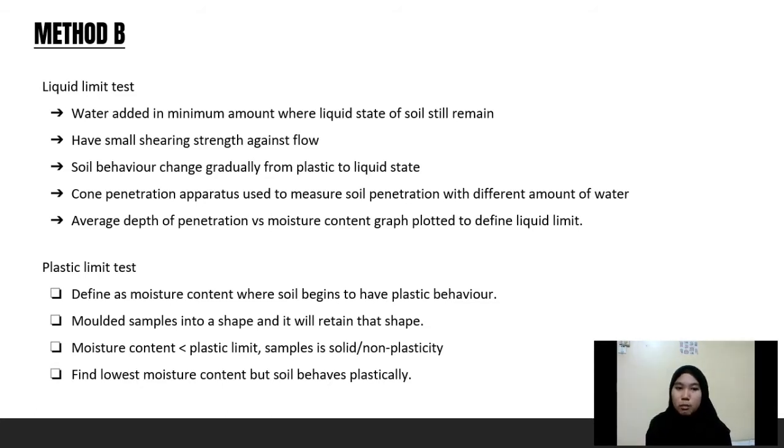We mold simple samples into a shape and it will retain that shape. For a sample to be called solid or non-plastic, the moisture content must be lower than the plastic limit. This test also helps us find the lowest moisture content at which the soil still behaves as plastic.